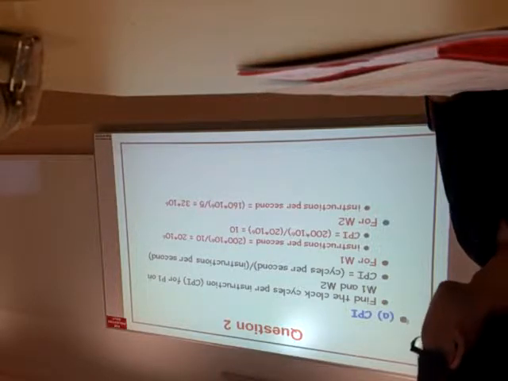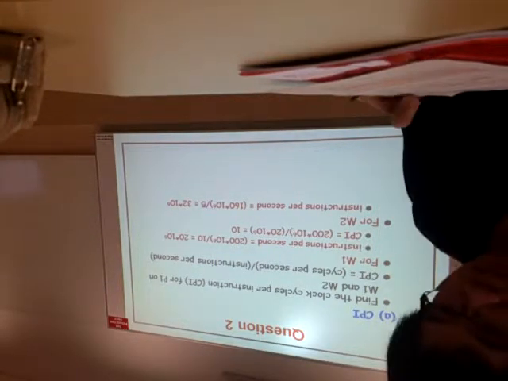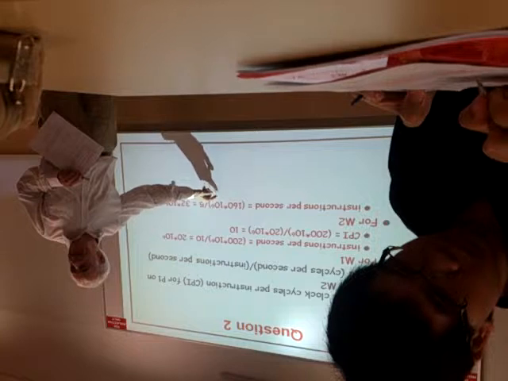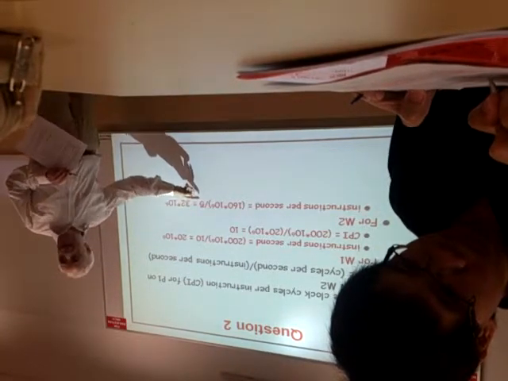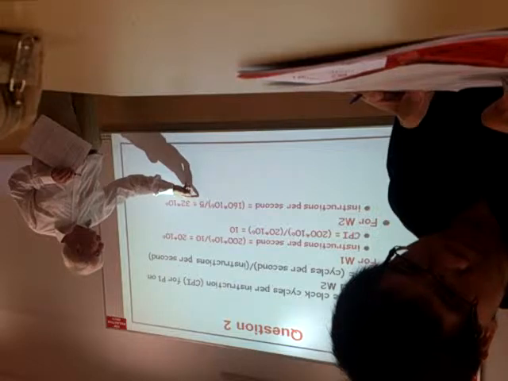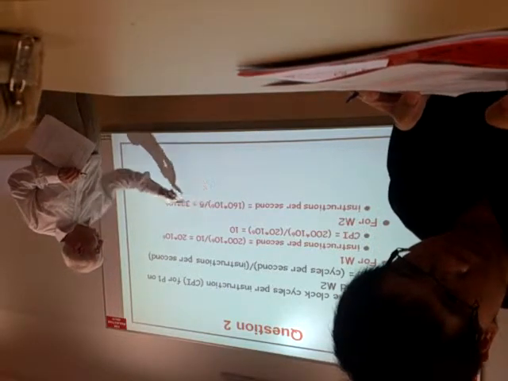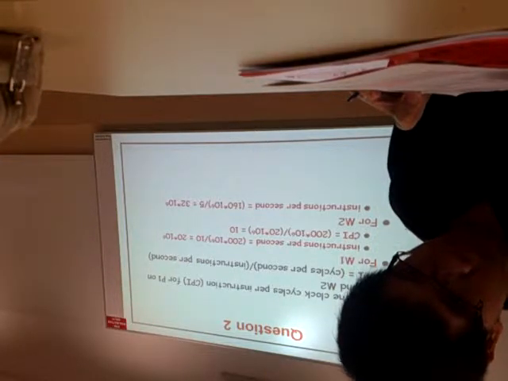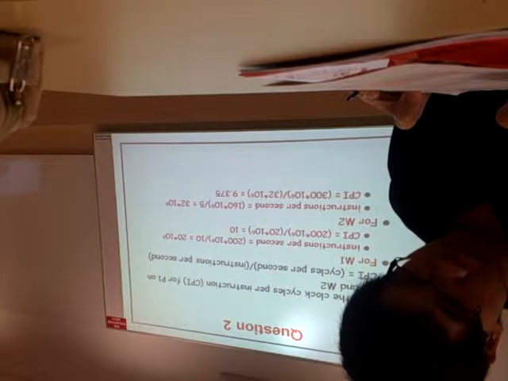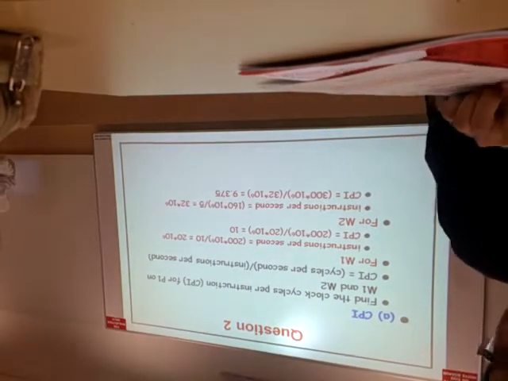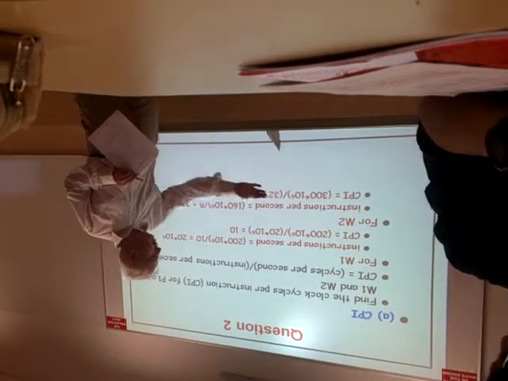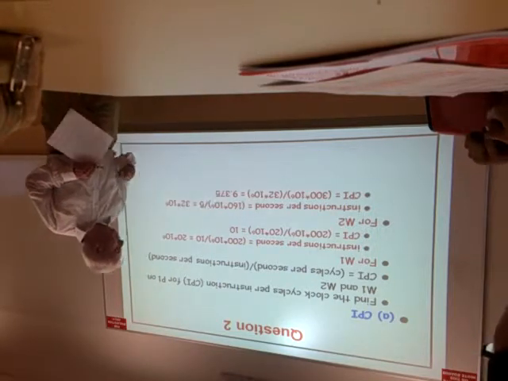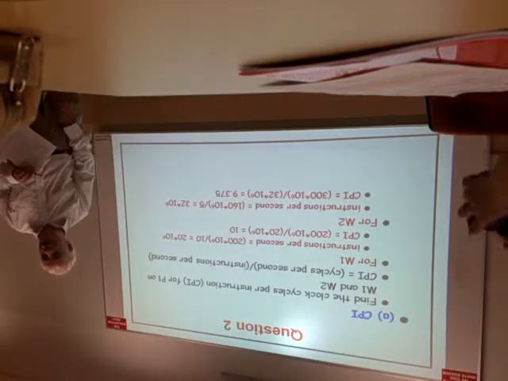So for M2, again, the instructions per second is the total number of instructions, which is 160 times 10 to the 6, we're told. And we're told that it takes 5 seconds to execute, so the instructions per second is 32 times 10 to the 6. And then again, for the CPI, we take the cycles per second, which is the clock rate. For M2, that's 300 megahertz. Divide it by the instructions per second, which is 32 times 10 to the 6, and we get 9.375.